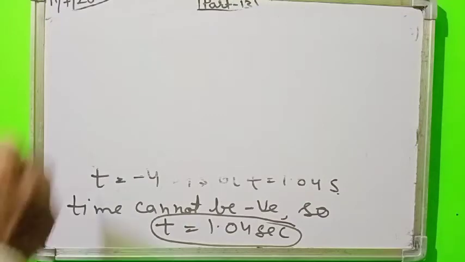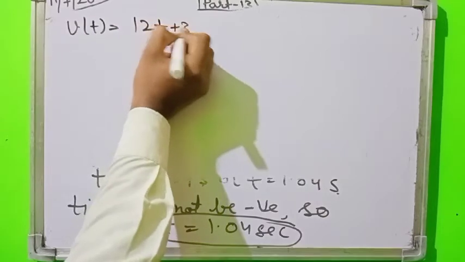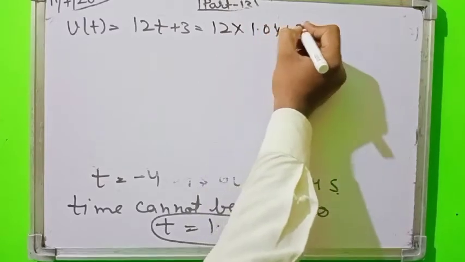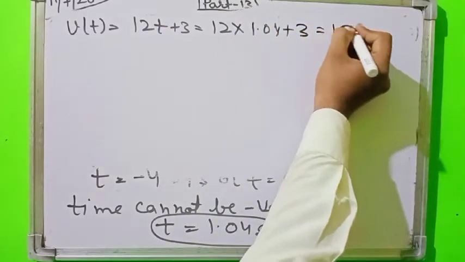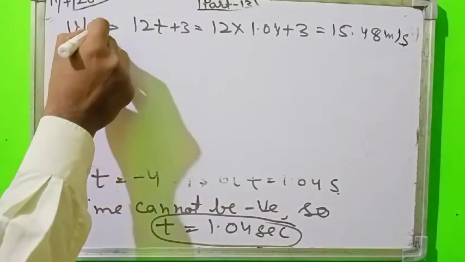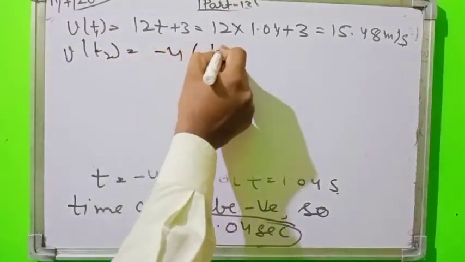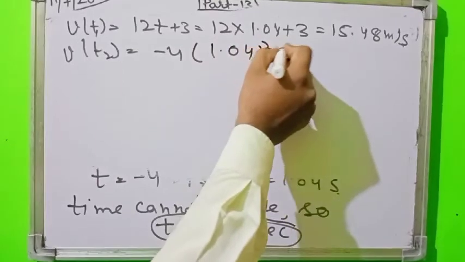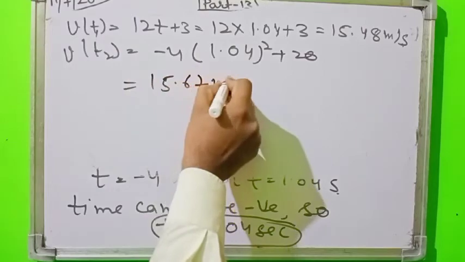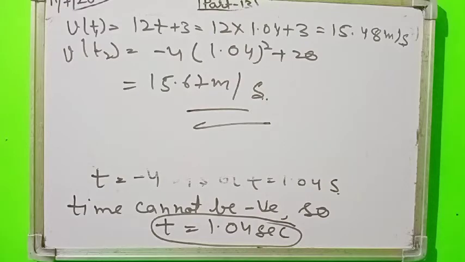So v1(t) is equal to 12t plus 3, and it is equal to 12 into 1.04 plus 3, that is equal to 15.48 meter per second, and v2(t) is equal to minus 4 into 1.04 whole square plus 20, and you will get 15.67 meter per second. So this is about the velocities.